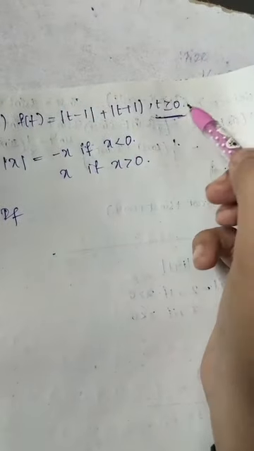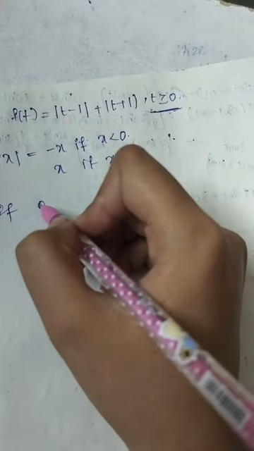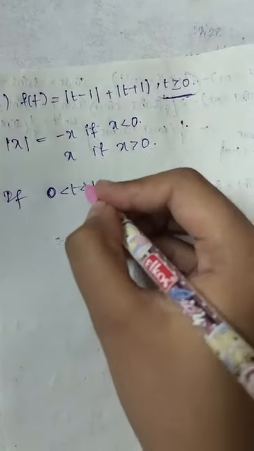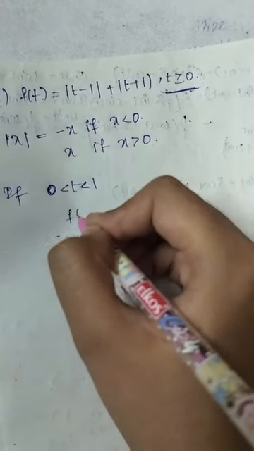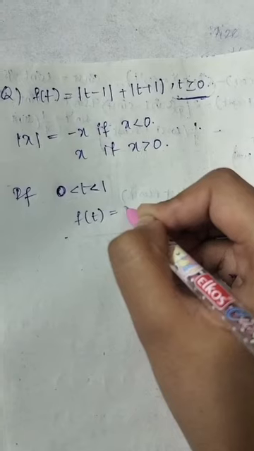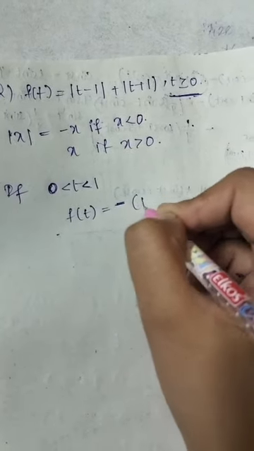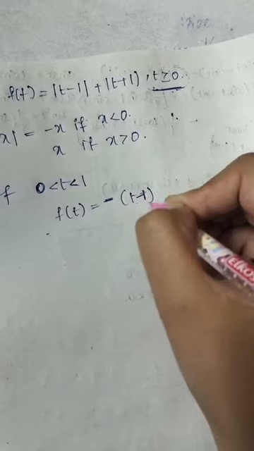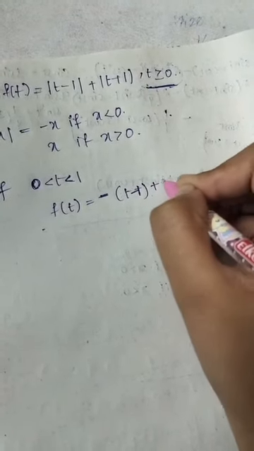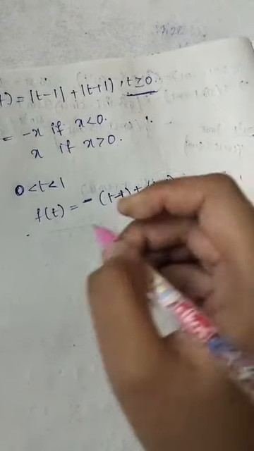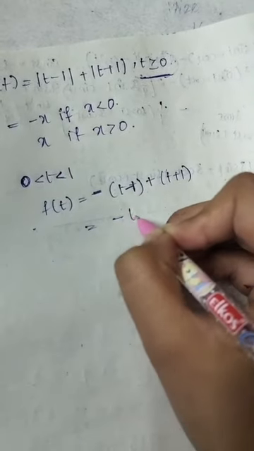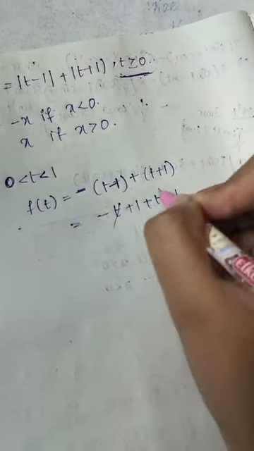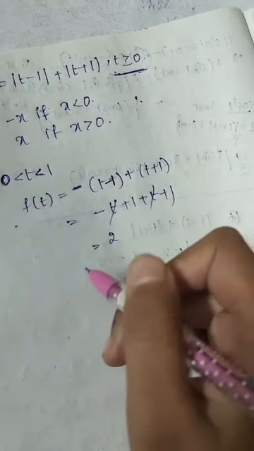We can write this condition like this also: 0 less than t less than 1. So if it is less, what happens for f of t? F of t will be minus of t minus 1 plus t plus 1. What we get is minus t plus 1 plus t plus 1, minus t plus t cancel, we get 2. Okay.